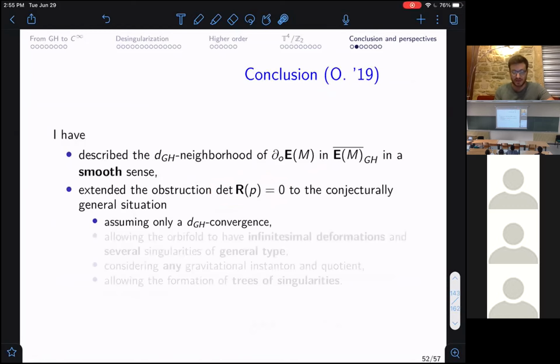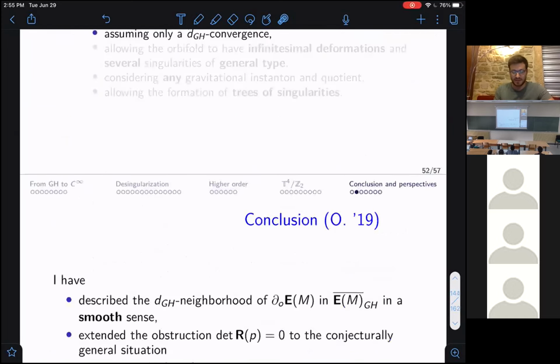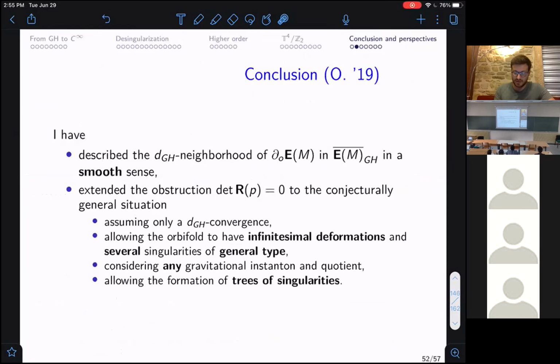So the most important part is that we only had to assume a Gromov-Hausdorff convergence, but we also could handle any type of orbifold, any gravitational instanton instead of just Eguchi-Hanson, and we could allow several singularities and trees of singularities. So this is the cornerstone of the rest. It's probably the most important result in the list.